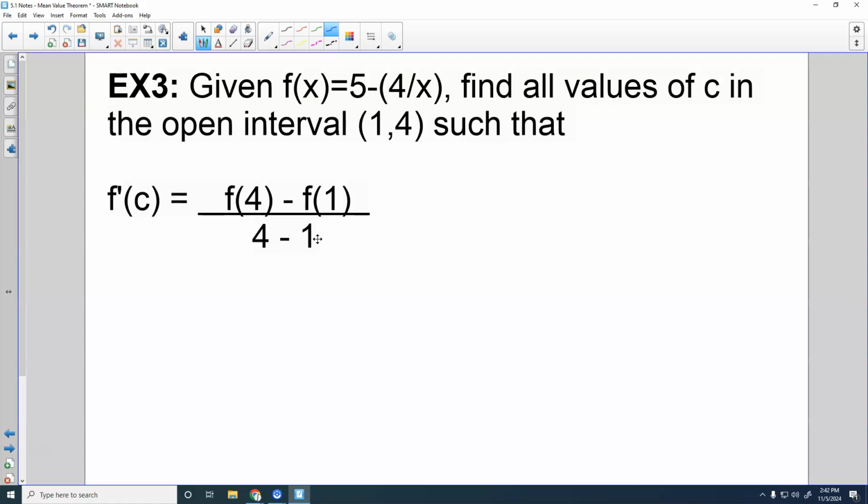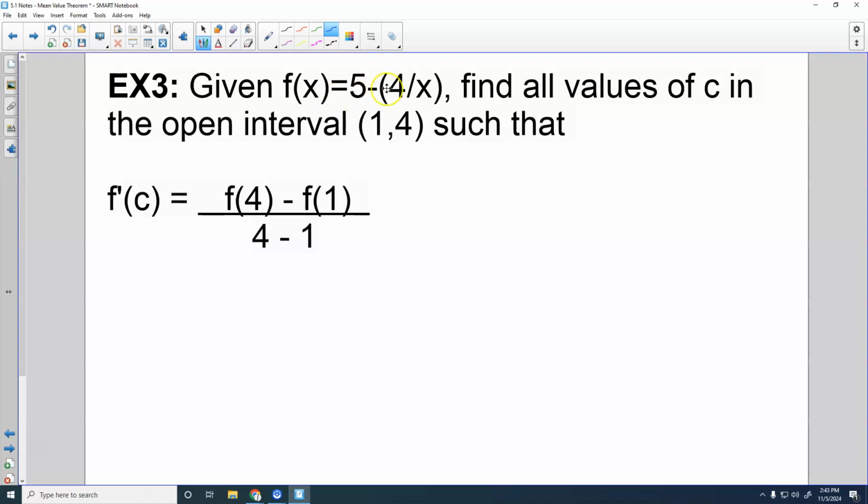But it is asking you to use the mean value theorem because you're looking at the interval from 1 to 4. This is the slope between the 2 points at x equals 1 and x equals 4, and it's equal to the derivative. So it's asking you to find that c value.